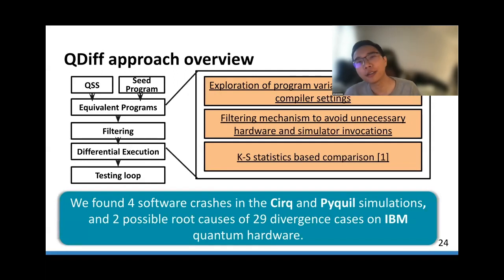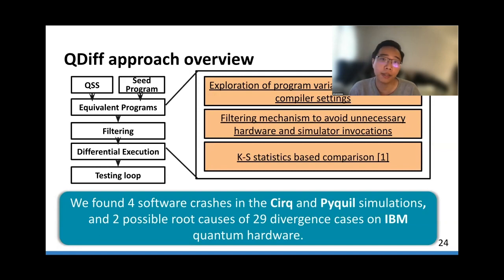QDiff works as follows. With a seed program and the target quantum software stacks, QDiff generates program equivalents with quantum gate transformations, and also explores the backends and the compiler settings. Next, QDiff avoids unnecessary hardware and simulator invocations by analyzing static features of the quantum circuit. Then QDiff executes the circuit and compares the results with the KS statistic.